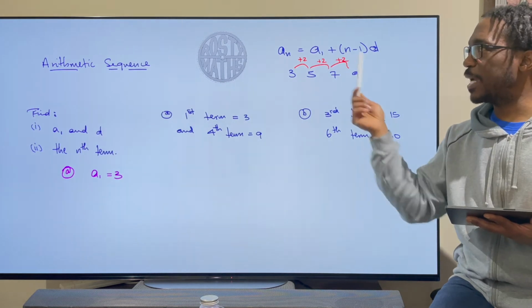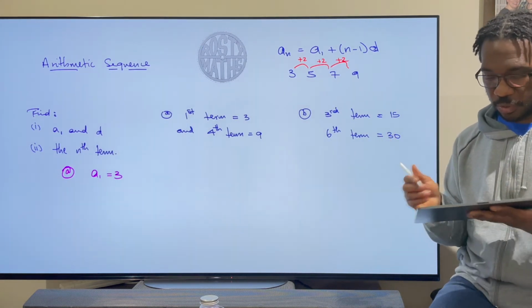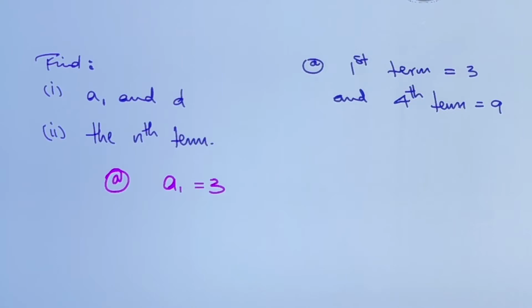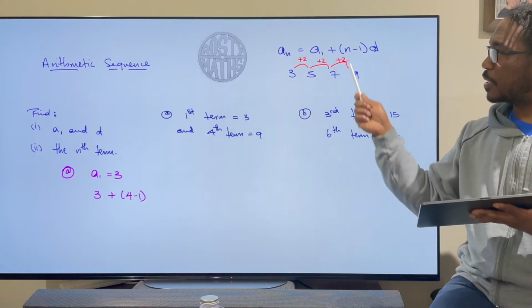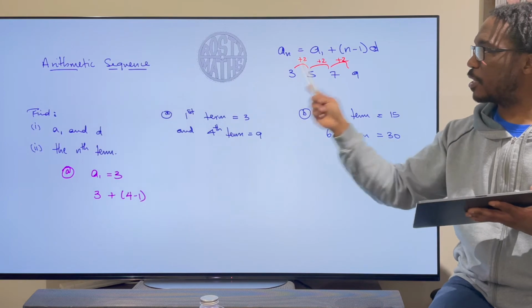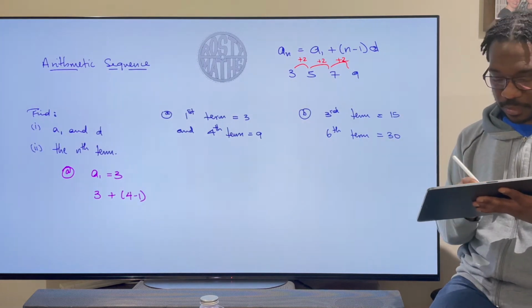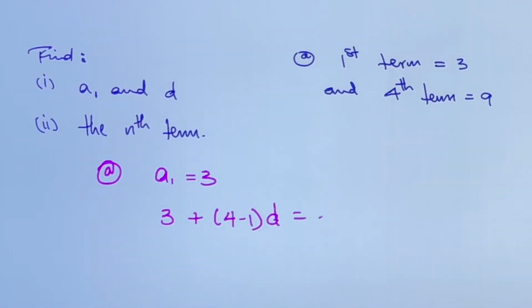So I'm going to replace n with 4. Let's go and do that now. So now I'm going to say that I have got 3 plus 4 take away 1, because it's the fourth term, so 4 take away 1 times d, and it's equal to 9.